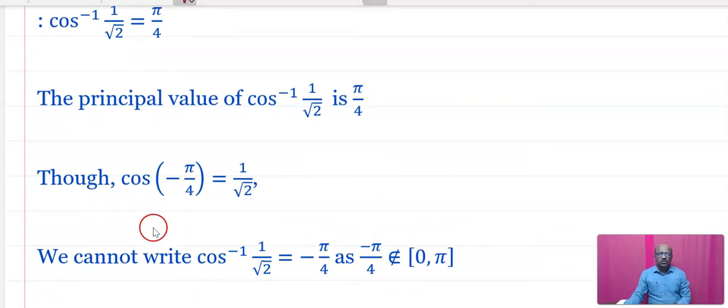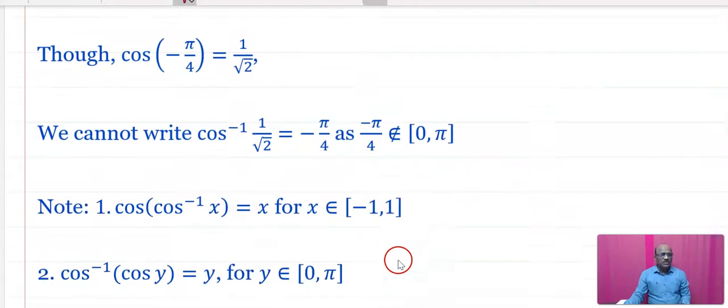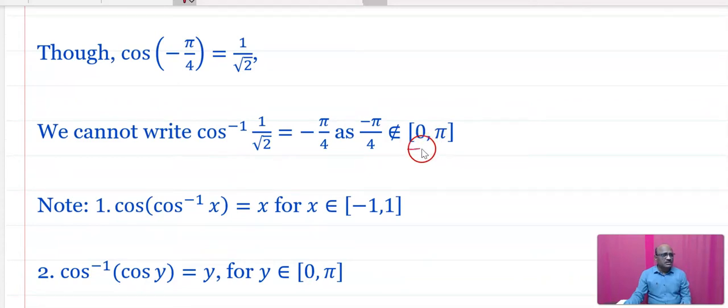Next, though the cos of minus pi by 4 is 1 by root 2, we cannot write that cos inverse of 1 by root 2 is equal to minus pi by 4, as minus pi by 4 does not belong to this interval.